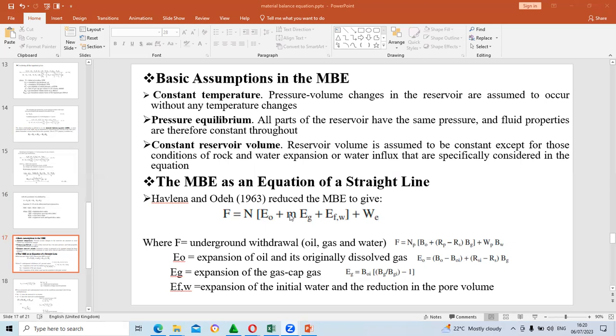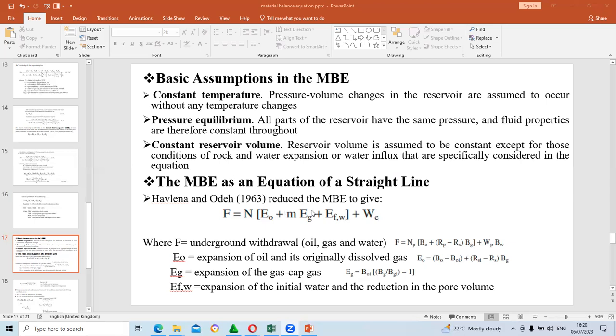Let me redefine this term again. An undersaturated reservoir is a reservoir above the bubble point. That means there is no free gas within the reservoir. But a saturated reservoir has reached the bubble point, and gas starts evolving from the oil. So if we are talking of an undersaturated reservoir, M is 0.